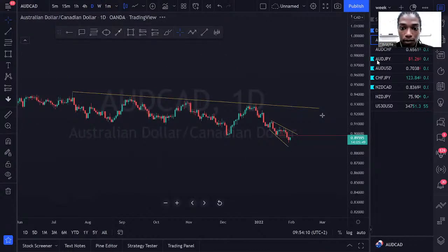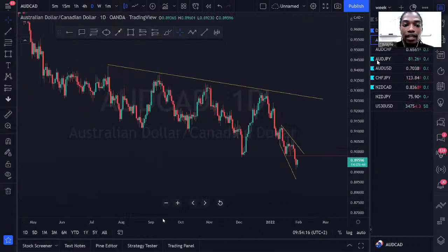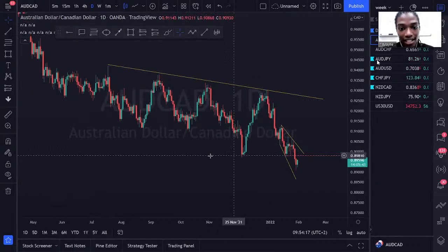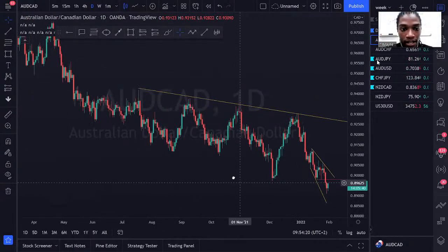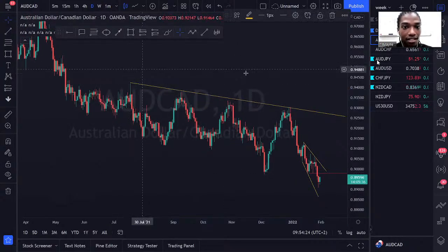So what we're going to be looking at here is daily structure, which for us entails the clear candlesticks that we can see on the chart. So basically we've got this nice expanding descending structure over here, the resistance trend line drawn out.